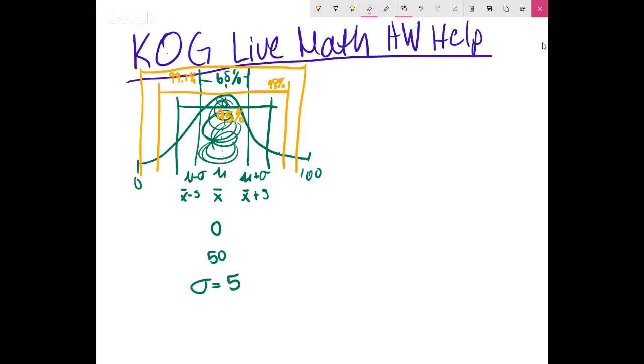So now let's talk about the z-score. The z-score basically converts the regular scores, or the regular numbers that we have in our data, or standardizes them.